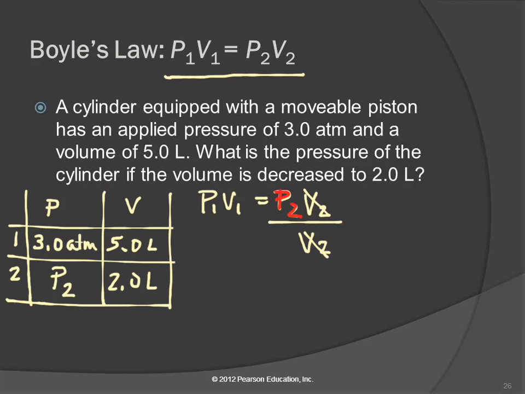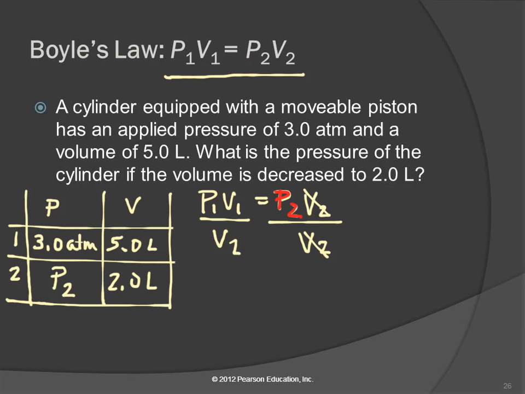You have to put a 10-pound something on the other side. So as long as we do the same thing to both sides, we're okay. We divided the one side by V2, we have to divide the other side. And that's how we rearrange the equation. There's other ways to think of it, but this is what I'm going to go with in class.